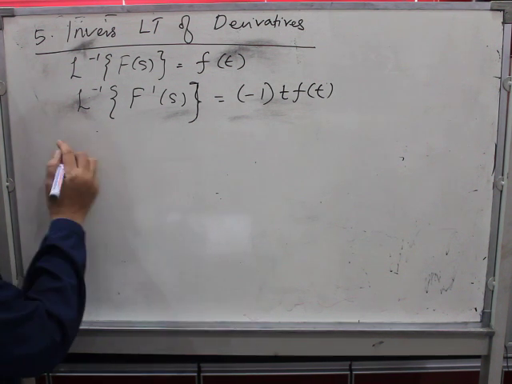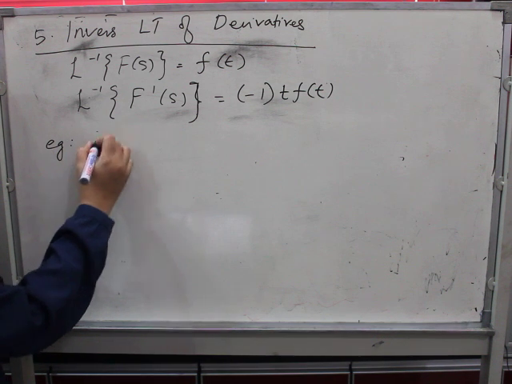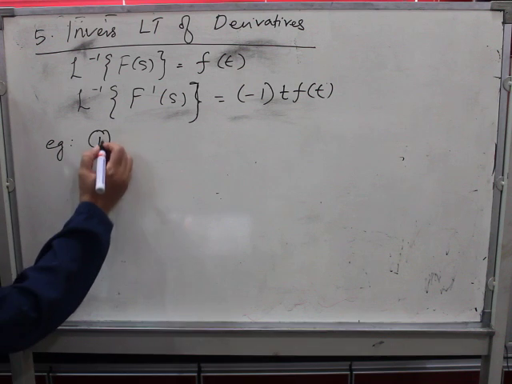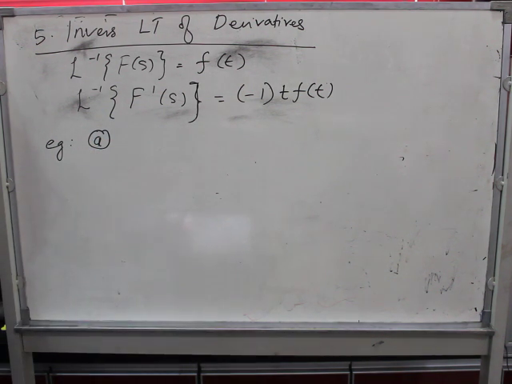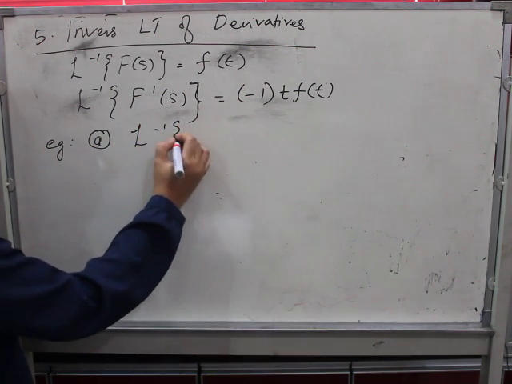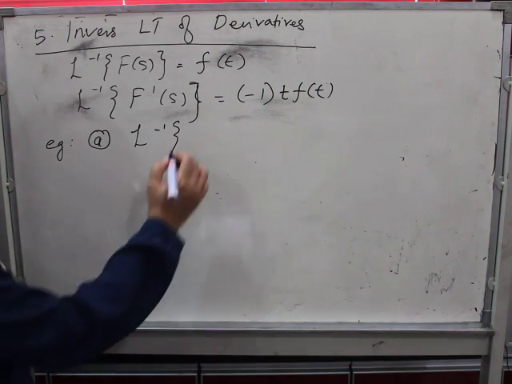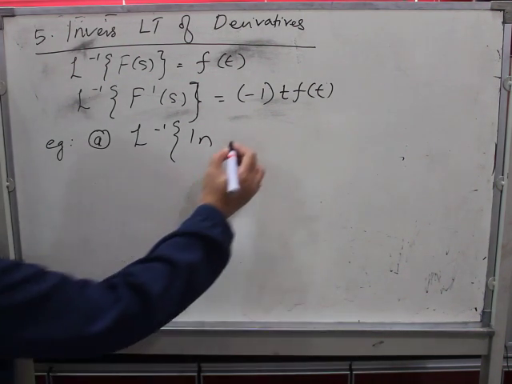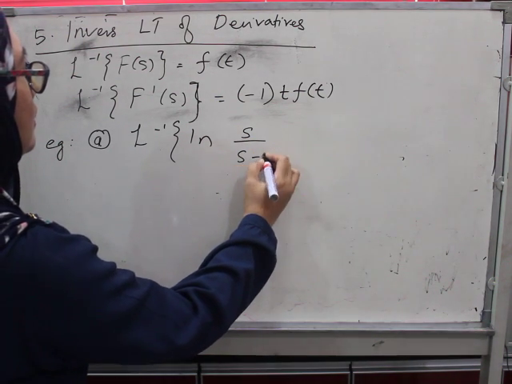Okay, so let's go through the first example, A. We have Laplace inverse of natural log, S over S minus 1.